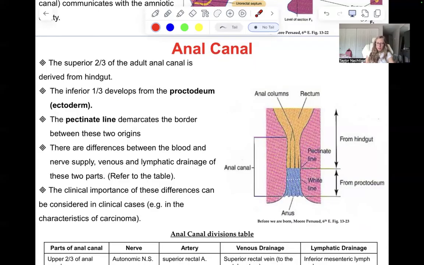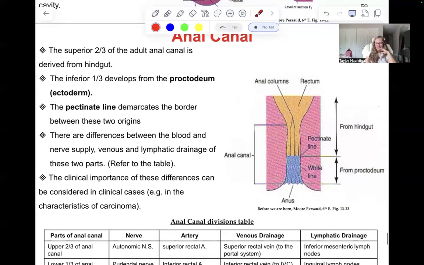The inferior 1/3 is the part that comes from the ectoderm, the skin, so that sort of folds inward and upwards, and it ends up meeting the mesoderm that develops the hindgut. There is a line, the pectinate line, that demarcates the border between these two tissue types since they arise from different origins. There is a difference in blood supply, nerve supply, venous supply, and lymphatic drainage of these two parts.